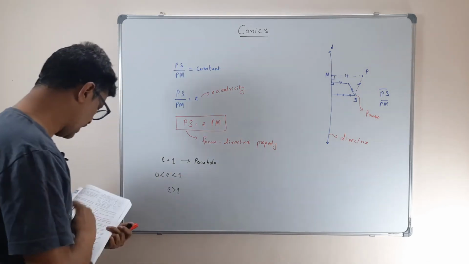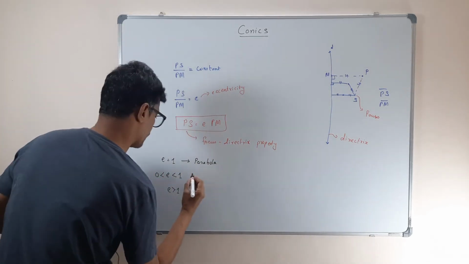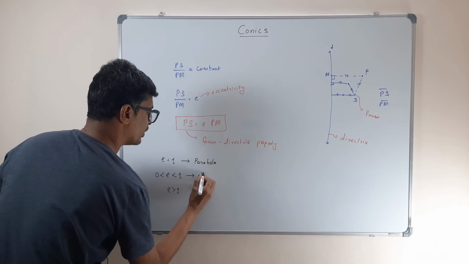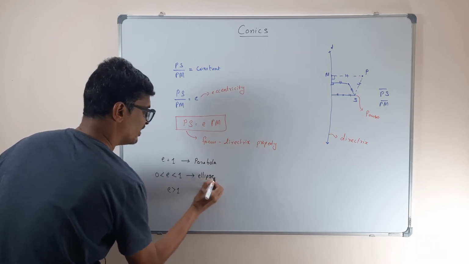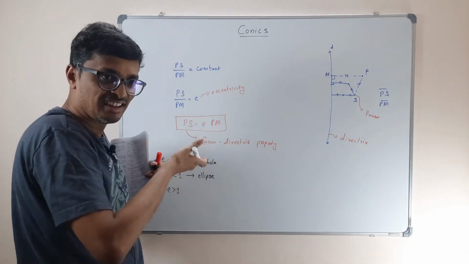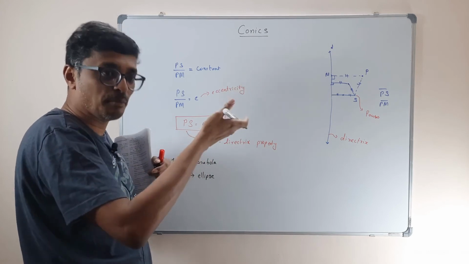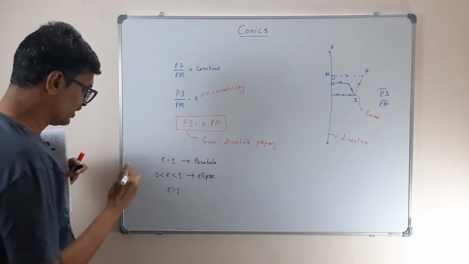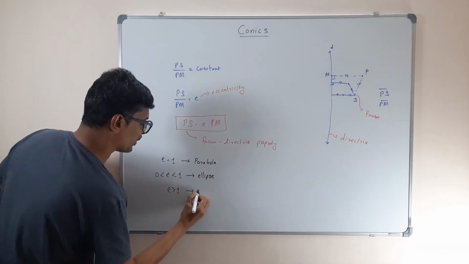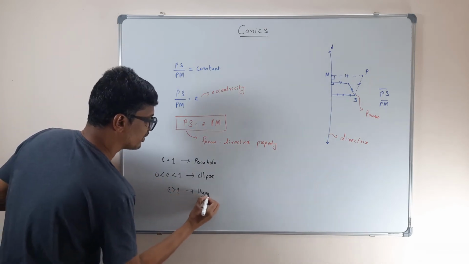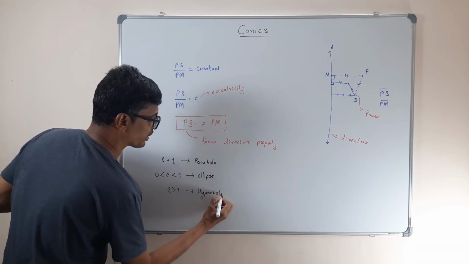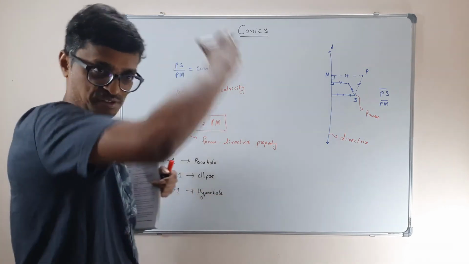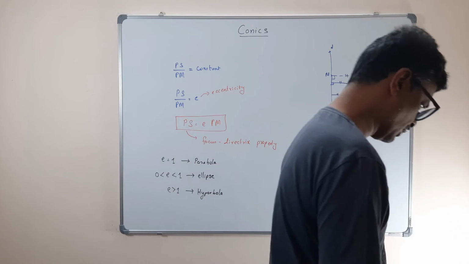This is equal to cutting with a plane at an angle, not parallel to that direction, because it is tilted. When E is greater than 1, you get a hyperbola. This always produces a pair of curves, two curves. You got it?